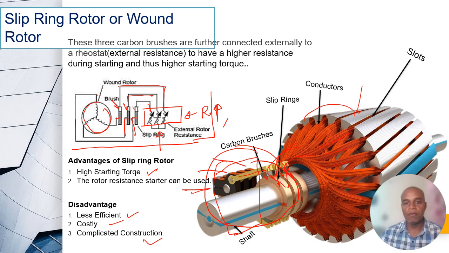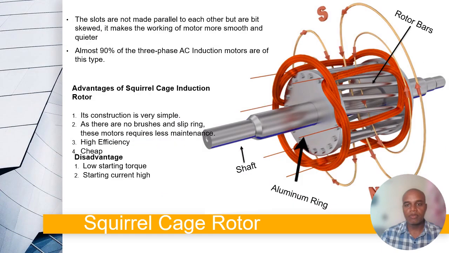So where we need to achieve a high starting torque, there we have to implement the slip ring induction motor. However, in the case of the squirrel cage rotor here, we can easily see that these windings are not the rotor windings; these are shown as the stator windings.